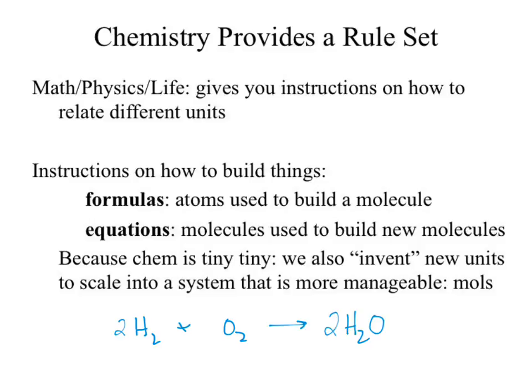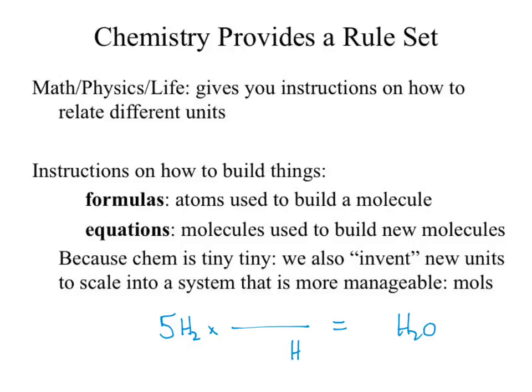If I give you 5, let's pick an easier number. Oh, it doesn't matter. 5 hydrogens. How much water could you possibly make? 5. How did I do that? If I gave you 5 hydrogens, how can I make water?